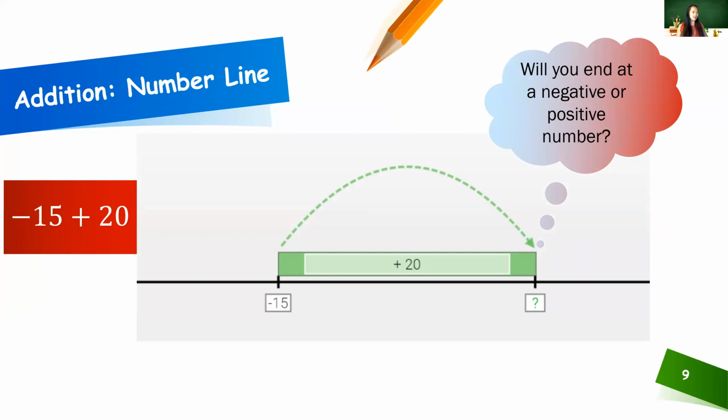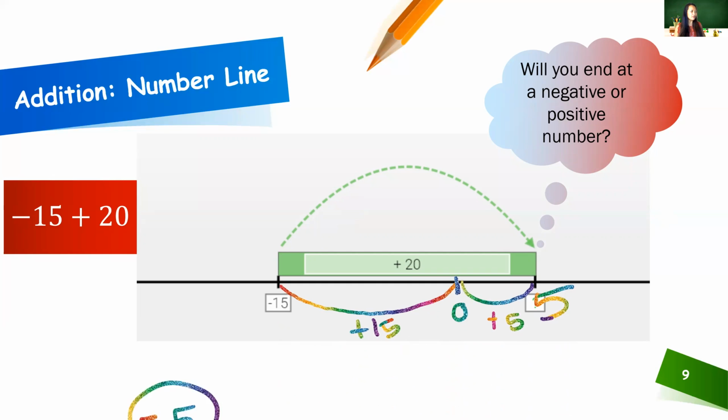If you started at -15 and you have to move positive 20 units forward, where would you end up? Let's think about that, 20 steps. If you only have taken 15 steps, then you would end up at 0, right? So 5 more steps will set you at +5. Therefore, -15 plus 20 is a +5.